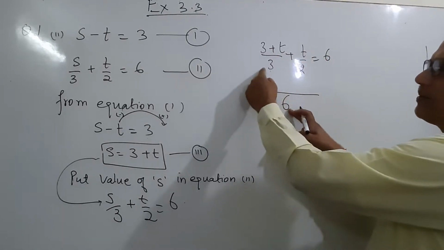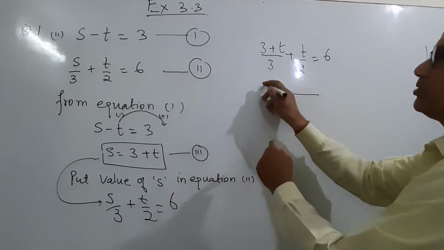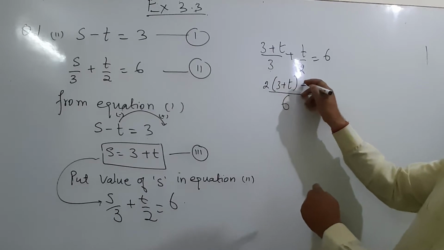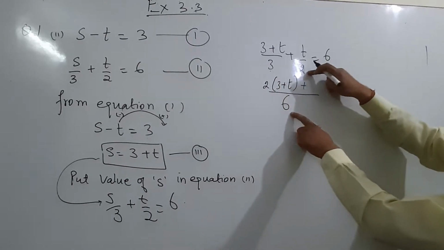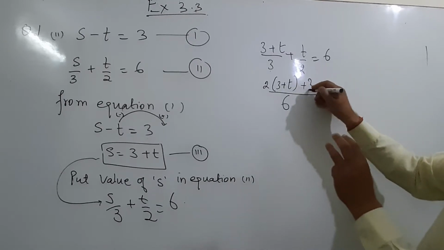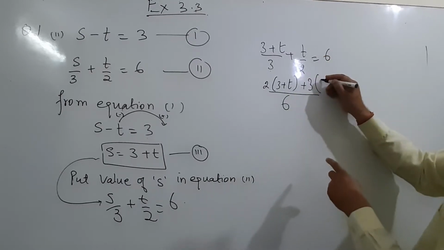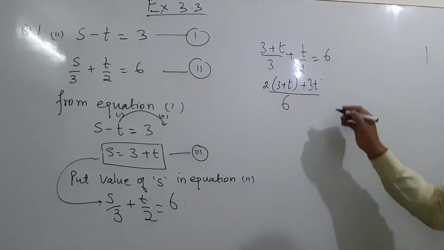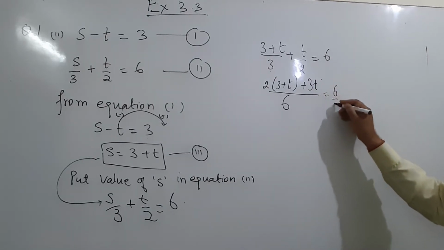So the answer is 2 bracket 3 plus t, plus 6 divided by 2, the answer is 3, multiplied by t, equal to 6 upon 1.